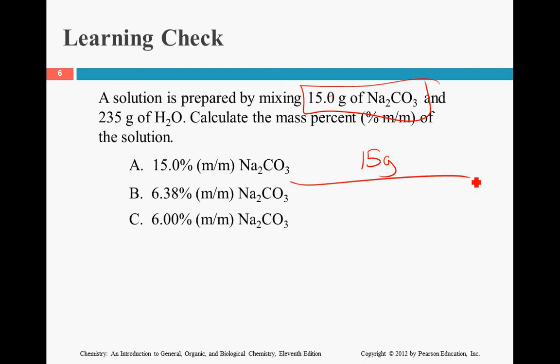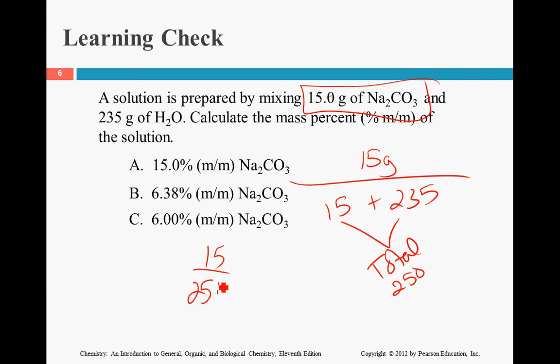On the bottom, you're going to have the total. So it's going to be 15 plus the 235, and that comes out to be 250. So 15 divided by 250 times 100.